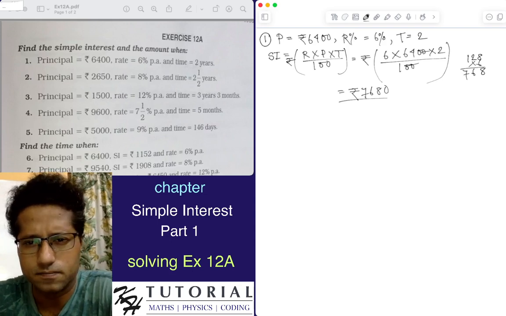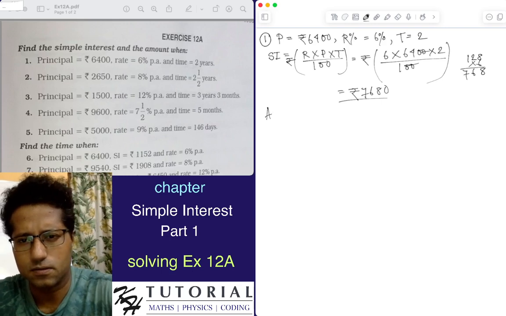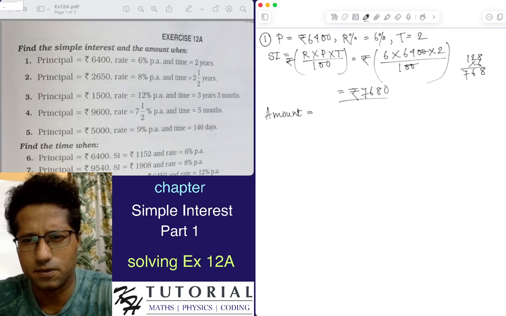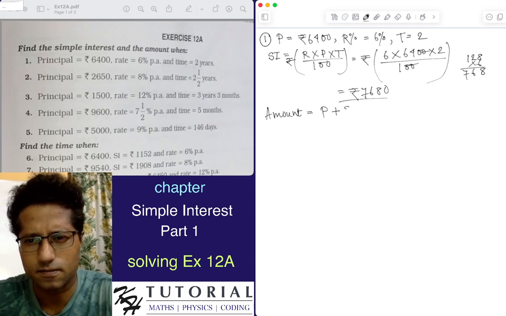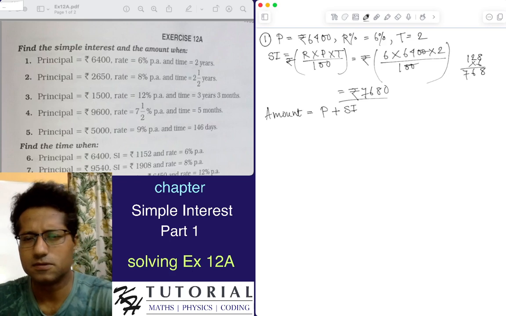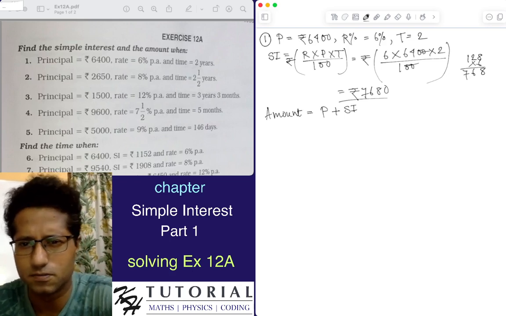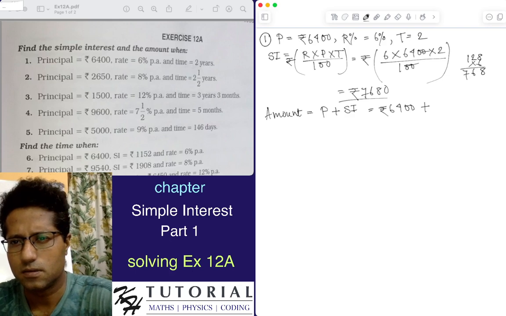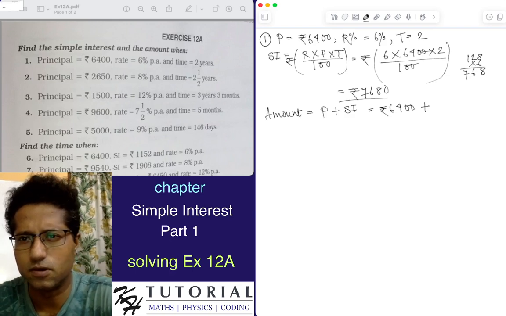And the amount. What is amount? Amount is principal plus SI, the interest plus the principal, or sum. Sum or principal means the same thing. So principal was 6400, and interest, oh no, there will not be 0, sorry, 768.